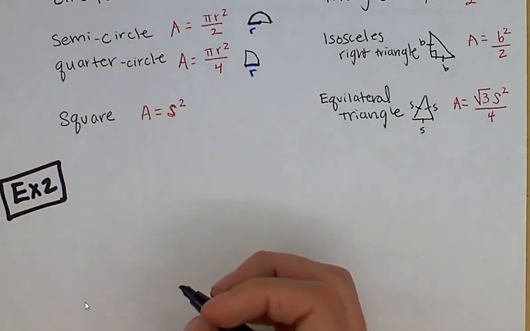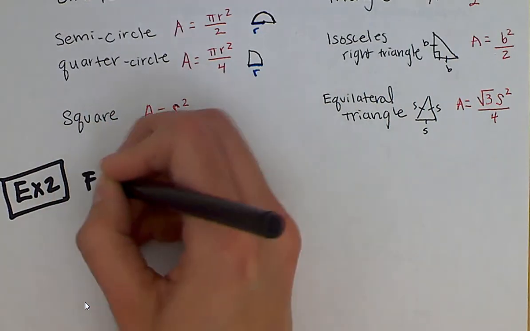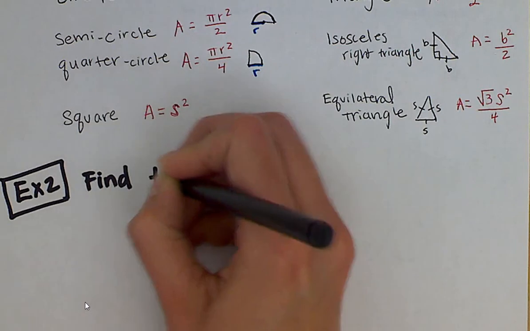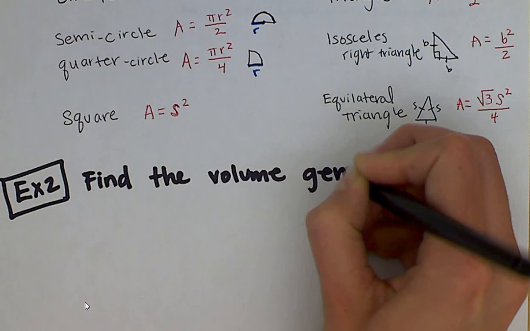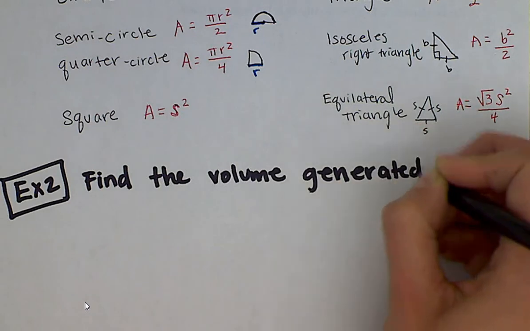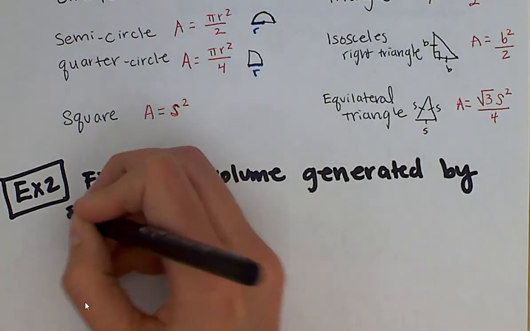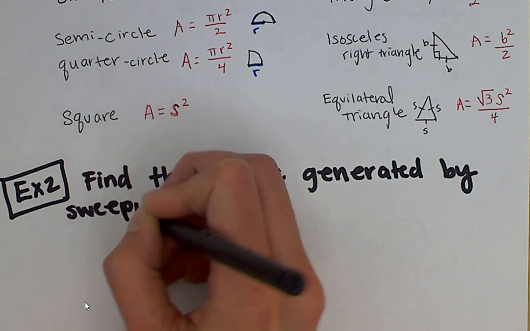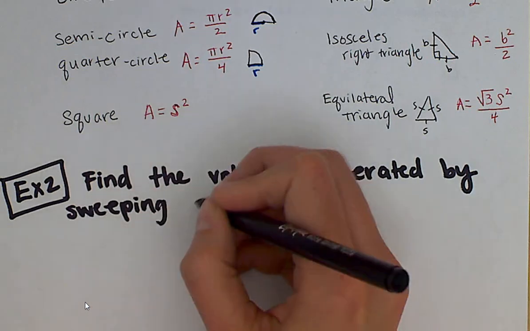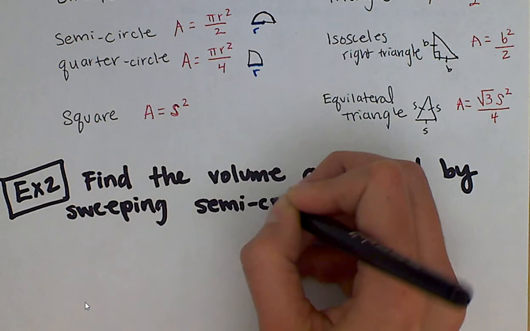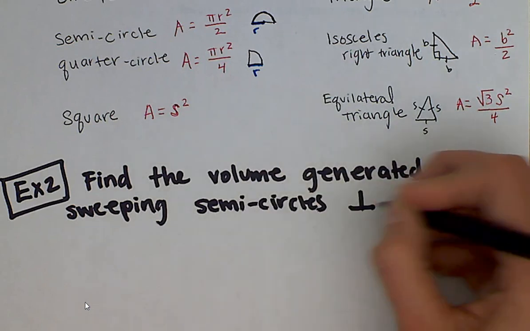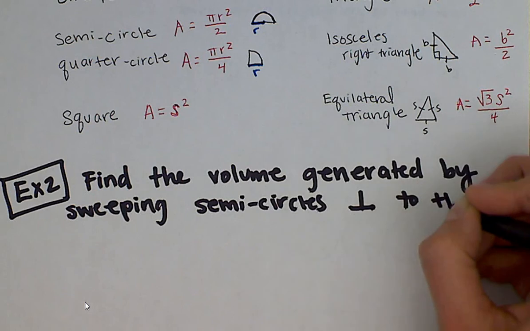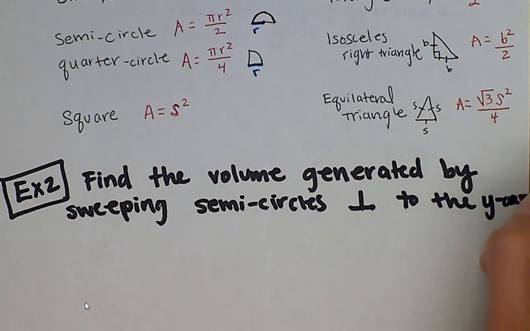This one will be to find the volume generated by sweeping semicircles perpendicular to the y-axis. Oops, that says y-axis.